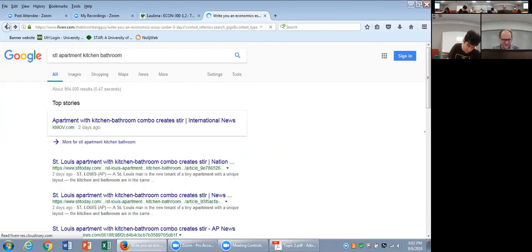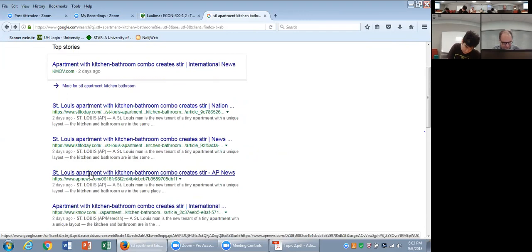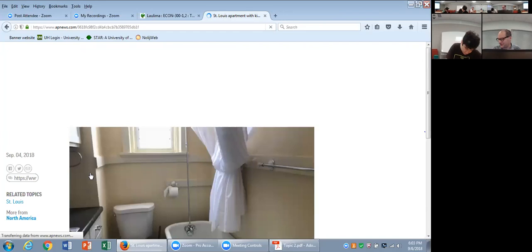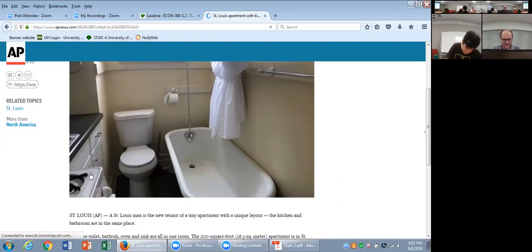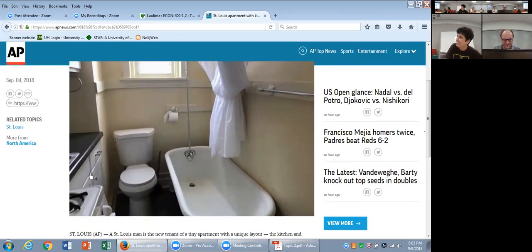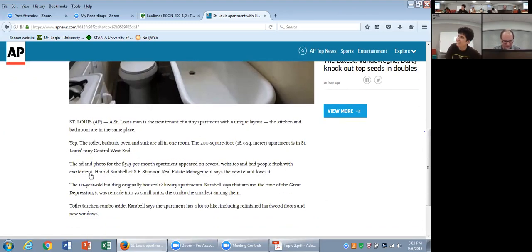It says look for an octagon, so all I can think of is MMA now. I almost rented a place like this in the Central West End because it was a hip place to live. But look at that. There's your kitchen, your bathtub, your toilet, your stove. It's already rented too. Where'd you sleep? I don't know. It's 200 square feet, in the Central West End, $525 a month.